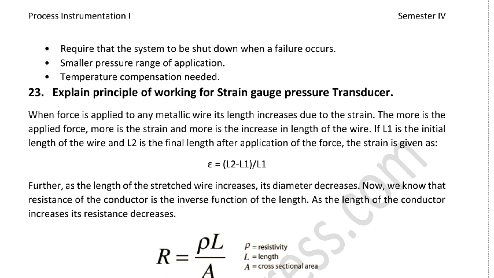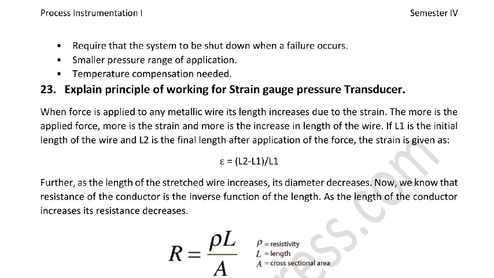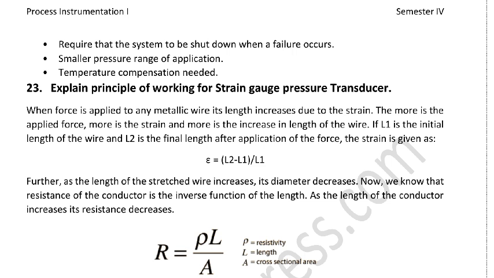When force is applied to a metallic wire, first we should know the concept behind it. Suppose this is the metallic wire. The force may be compressive or tensile, and based on this, its length will change. It may increase or decrease the length of the wire.